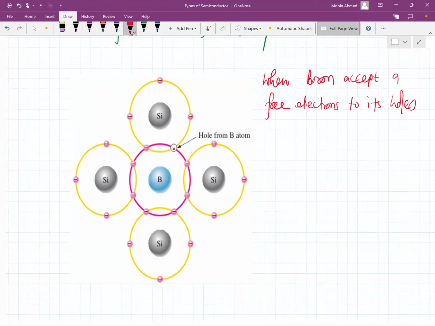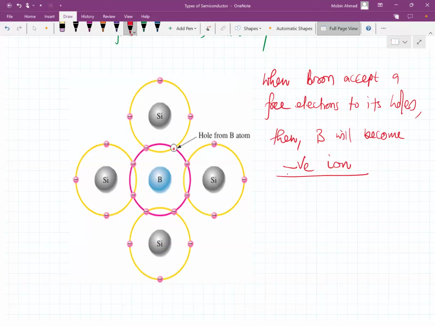this hole is created due to the covalent bond. So free electrons to its hole, then boron B will become, oh sorry, a negative ion.